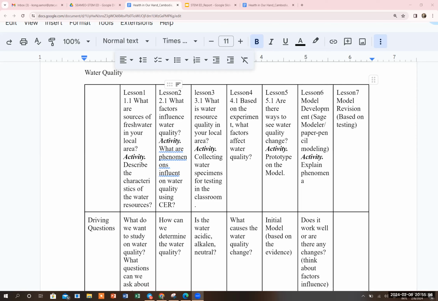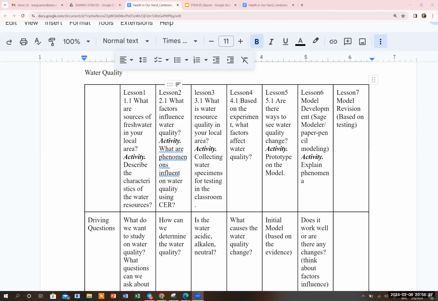We might have 6 models for the schools or classes that have computers. And if the class doesn't have computers, we're going to have paper and pencil modeling instead of the 6 models. And in the activities, we ask them to explain the phenomena behind water quality and the causes or effects to the life in the waters, as well as the humans living around the stream or the waters.